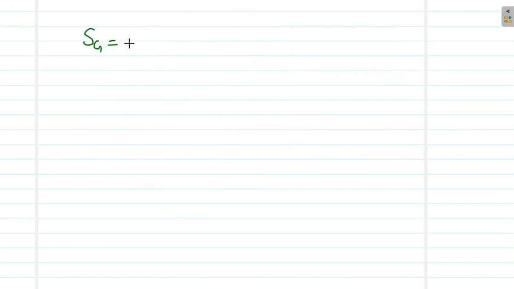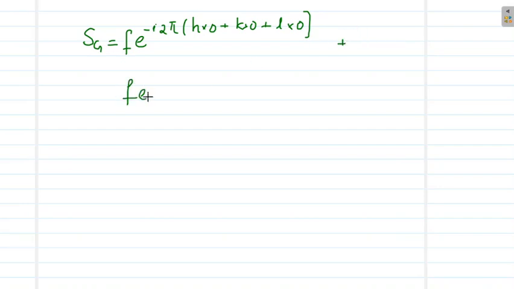So summation over j, first we have f into e raised to minus i 2 pi into (h n1 plus k n2 plus l n3). First n1, n2 and n3 are 0. Then plus f into e raised to minus i 2 pi into (h into 1 by 2 plus k into 1 by 2 plus l into 0).